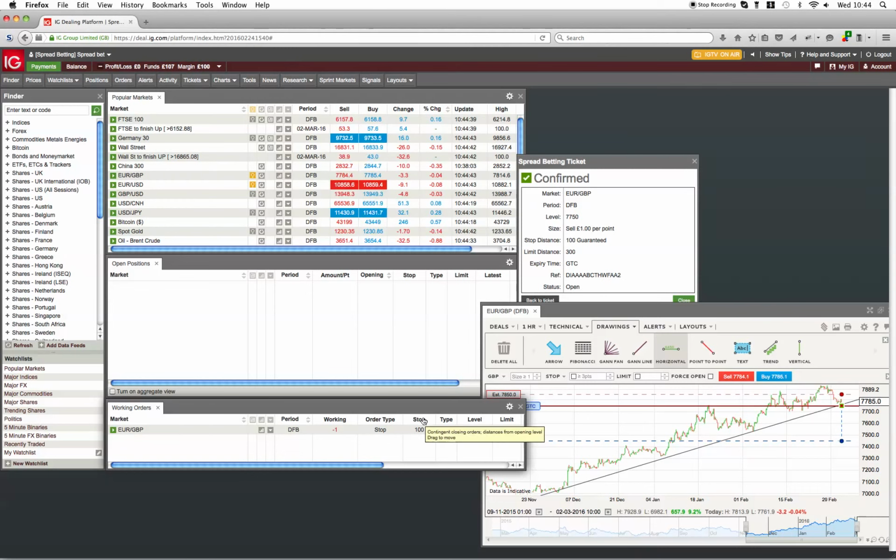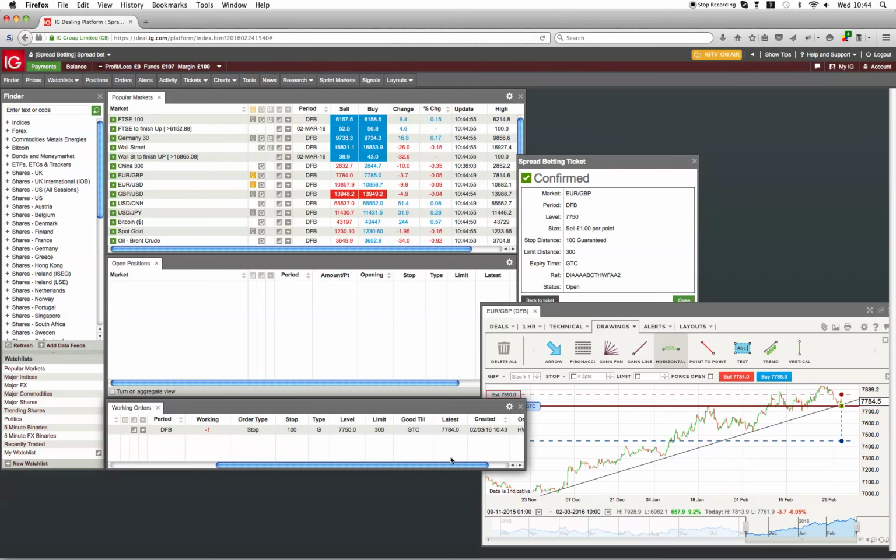If you had it as a fill order, it would be a buy when it gets to that price. That's the price it's going to go, and our limit order to get out would be 300 ticks away. Good till cancel. That's the latest price at the moment, and you've got an order ID. So I'll check back with you, see if that gets filled. But essentially, that's how I trade breakouts.